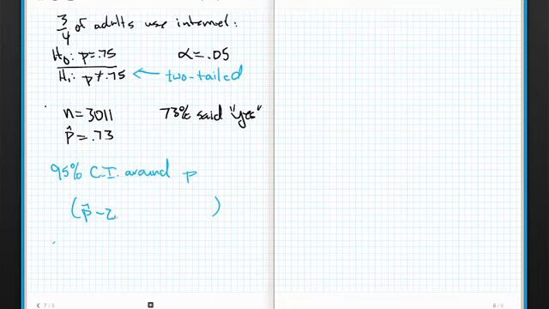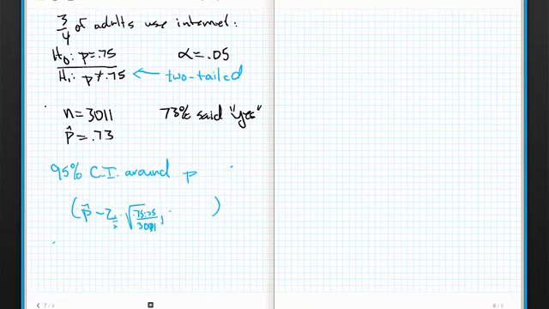It was Z sub alpha halves times the square root. Remember, we're assuming that this is our parameter, so I get to say 0.75 times 0.25. Remember, if we didn't, then we would assume that both P and Q are 0.5. And I divide that by N, which is 3,011.